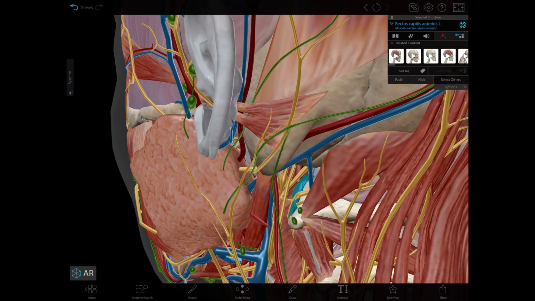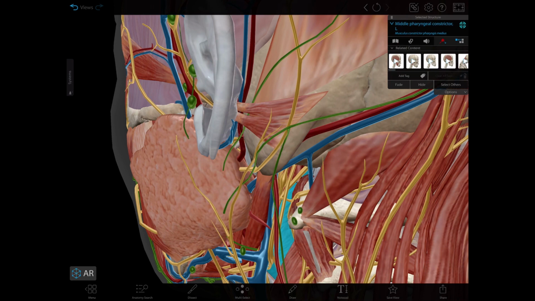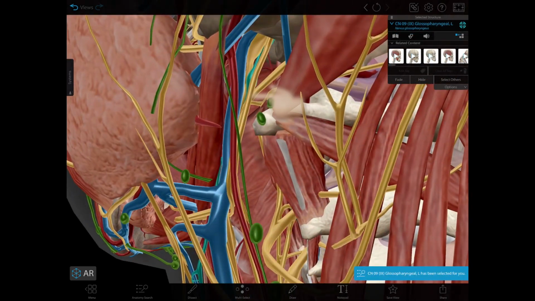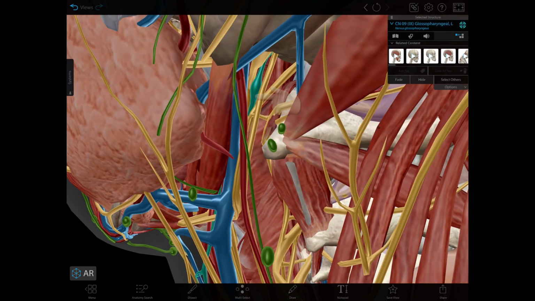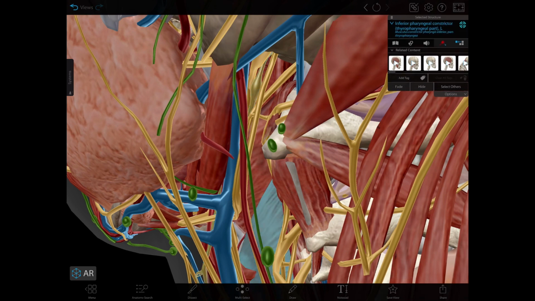There's also going to be structures passing through the gap between the superior and middle constrictor. Here's the middle constrictor, such as the stylopharyngeus muscle and the glossopharyngeal nerve, which is this nerve right here. And there's going to be structures passing through the gap between the middle and inferior constrictor.